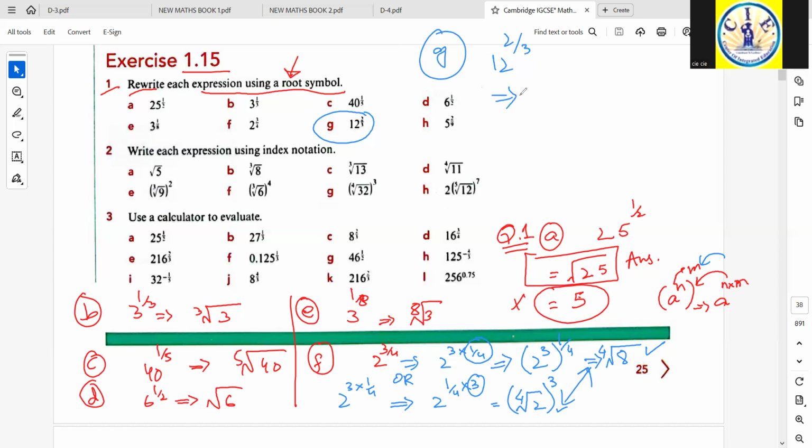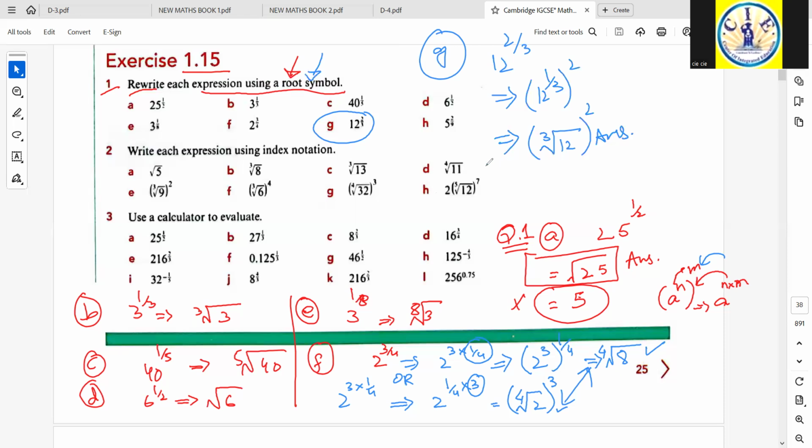For this, 12 raised to power 1 by 3 whole times 2, I can write it like this as well. For 12 raised to power 1 by 3, if it is in the power, that means it is the cube root of 12 and then its whole square. So I'm done with the required format of the root symbol. That might be one of the possibilities of the answer.